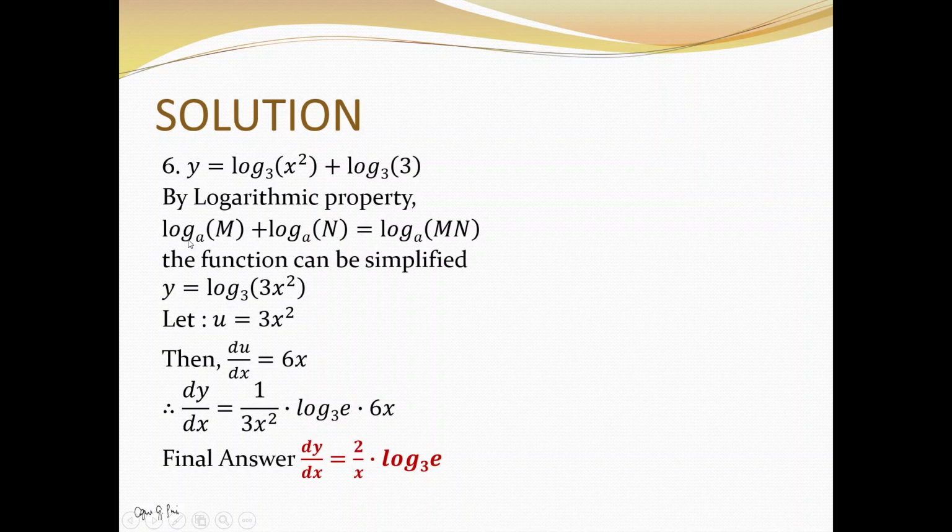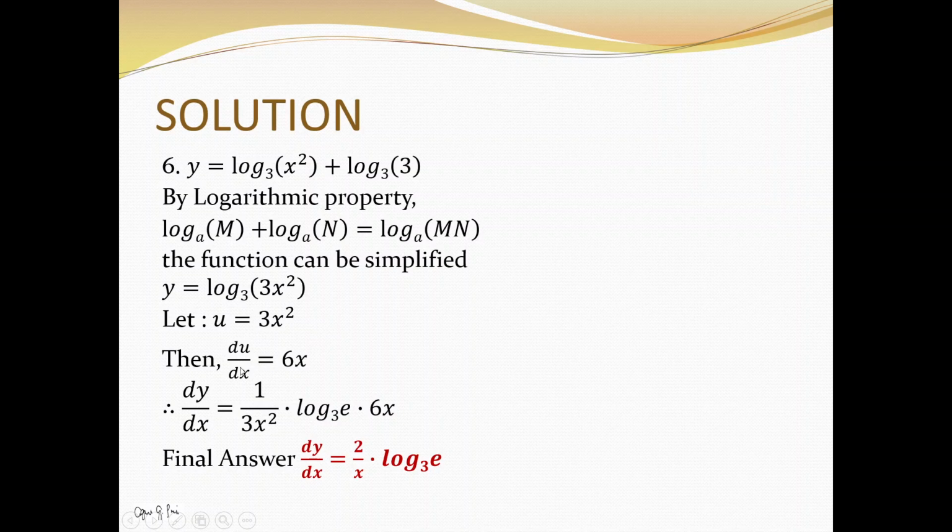So log of m to the base a plus log of n to the base a can also be expressed as log of m times n to the base a. So then, our function is now simplified as y equals the log of 3x squared to the base 3. So we have now that the value of our u is 3x squared.